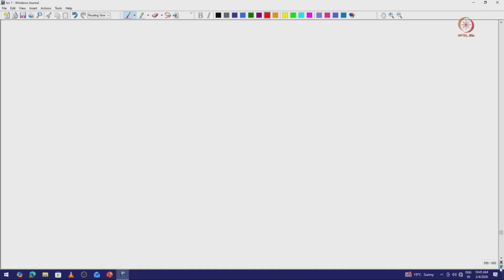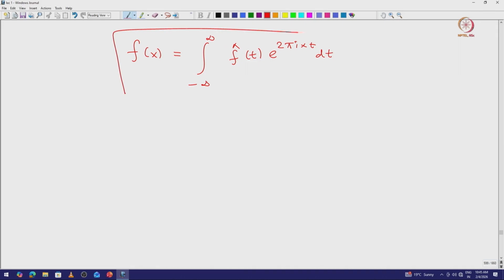Indeed, the Fourier inversion says that f of x can be given as the integral from minus infinity to infinity of f hat of t e power 2 pi i x t dt. So, one can recover f more or less from f hat. That is the upshot of Fourier analysis.